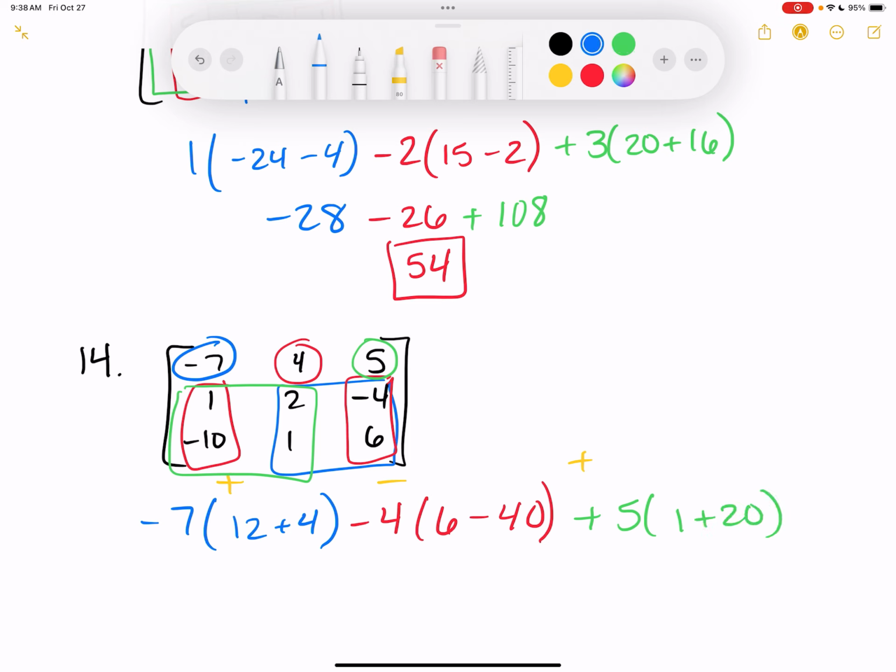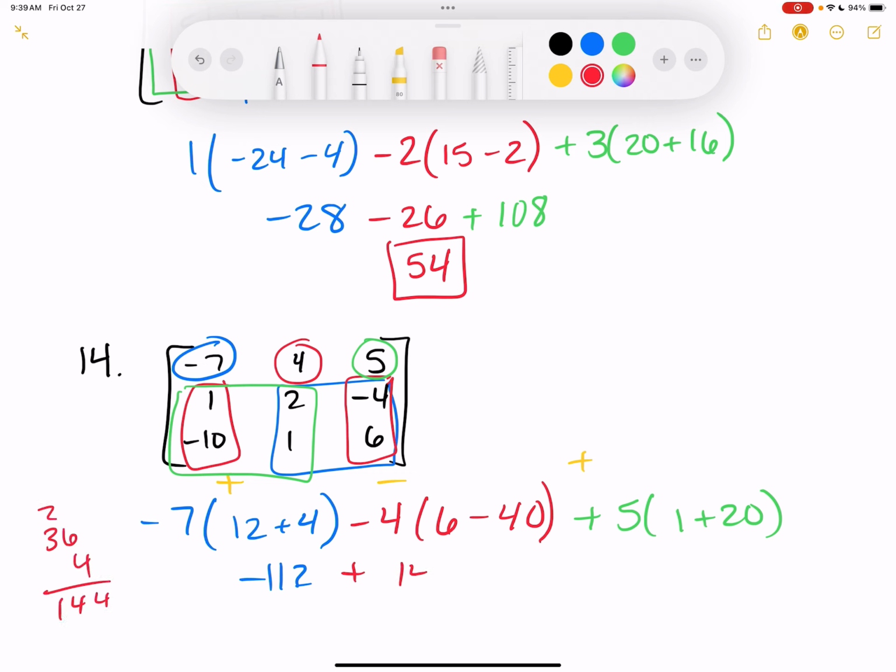So then we've got -7 times 16. Oh gosh. -112. -4 times -36, that's going to be plus 144.